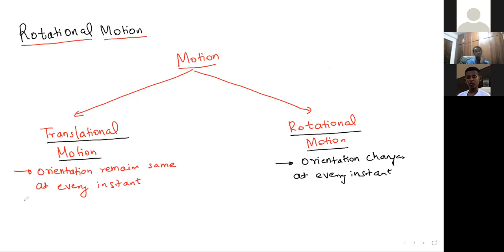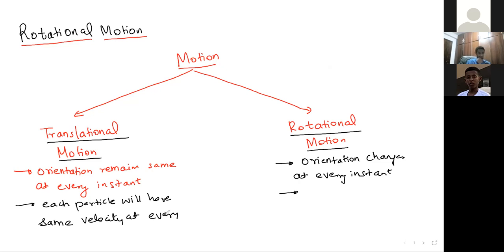Second point. Each particle will have the same velocity at every instant, right? What about in rotational motion?